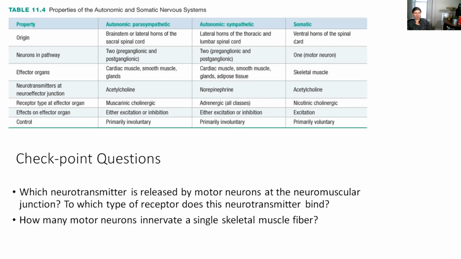We can do that voluntarily in the somatic nervous system, not so for our autonomic nervous system, either type. Okay. So you should be able to look back at this table and answer all sorts of questions for yourself. And I highly recommend using tables like this to create practice questions for yourself, because being able to tell these things apart is really important to understanding how the nervous system works.